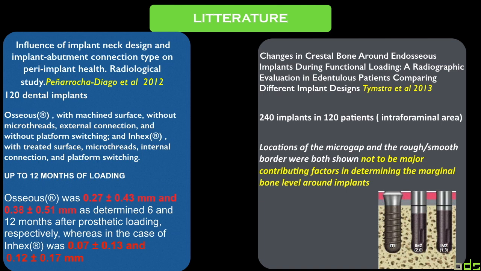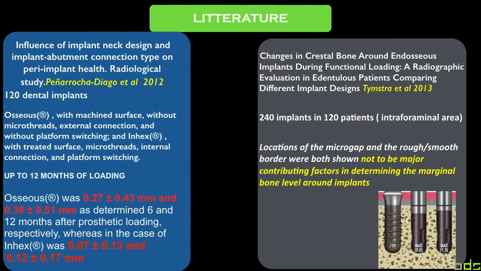With the same type of study, they also placed 3 different implant brands in the intraforaminal area, about 240 implants in 120 patients, and they found that the location of the macro gap and the rough-smooth interface were not shown to be major contributing factors in determining the marginal bone level around implants.